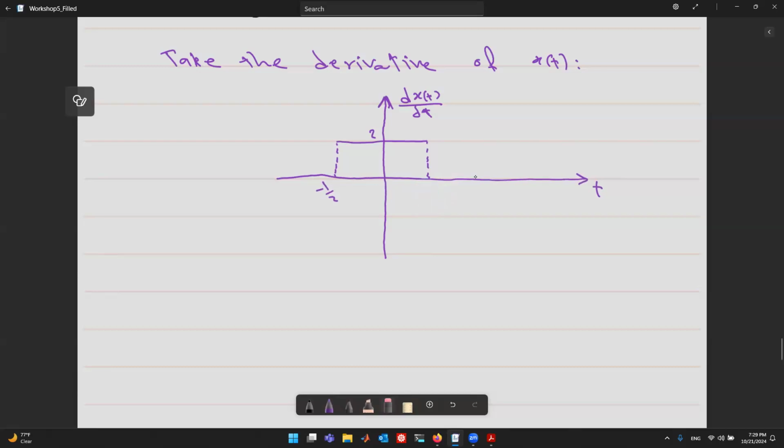And then from 1/2 to 3/2, it's -2. And it repeats. We'll have that 2 here, and then -2 here, and so on.